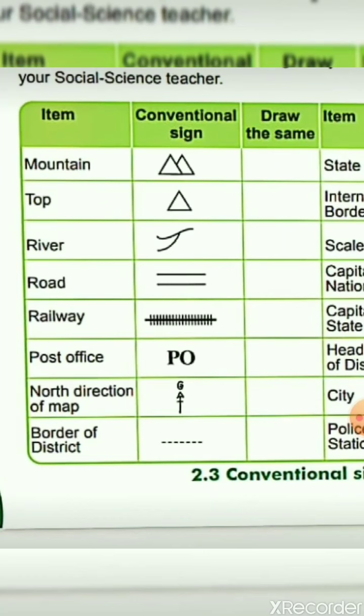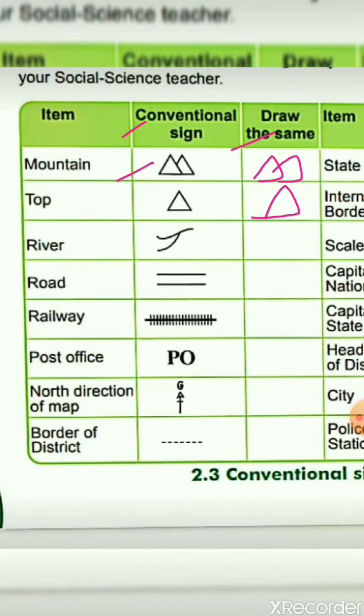You can see items and you can see the conventional sign, and draw the same. Okay, for a mountain, if you want to know where a mountain is, which sign has been put? This sign has been put. So what you need to do, students, in the textbook, you need to draw the same sign like this. Okay, the conventional sign for the top is this.